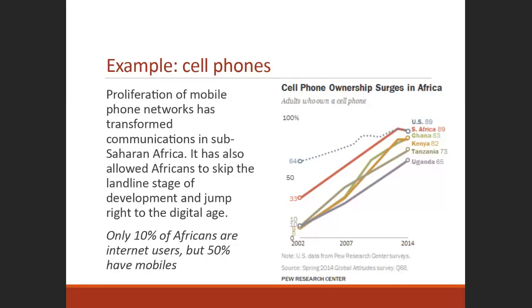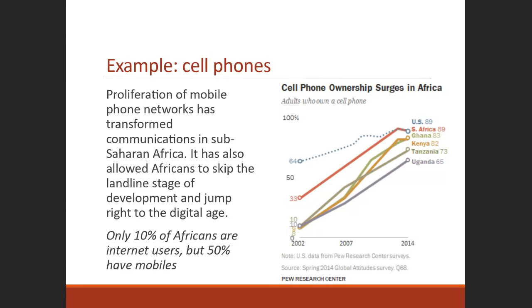And so it has actually given them an advantage to be able to skip that old landline need for development. At the same time, though, one of the tricky things is the infrastructure is not widespread for internet. So for example, only 10% of Africans are internet users, but about 50% have mobile phones. Some are higher percentages than others.